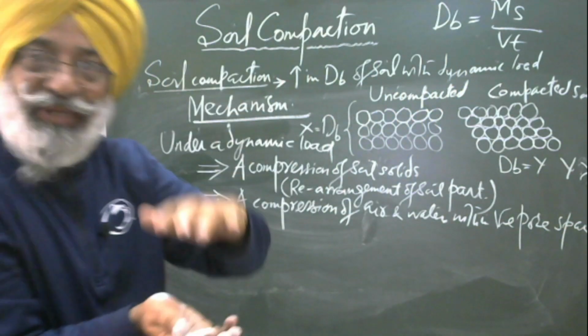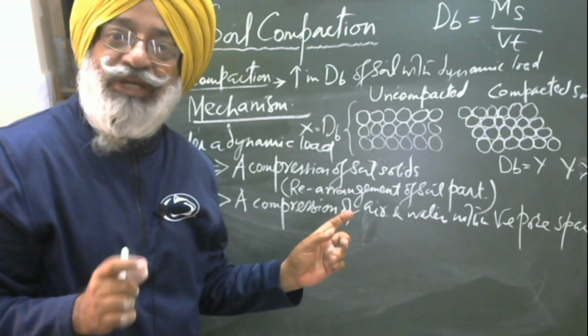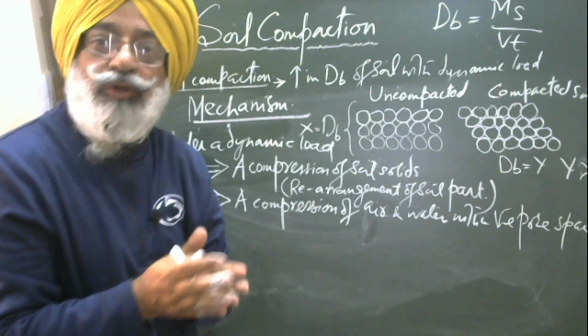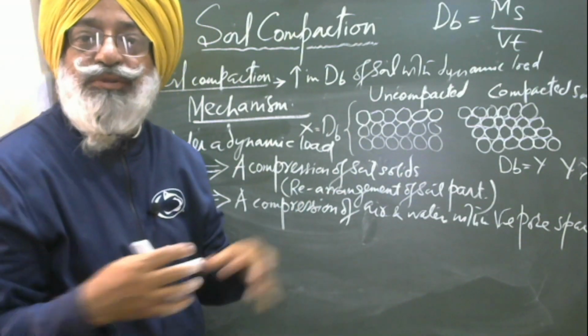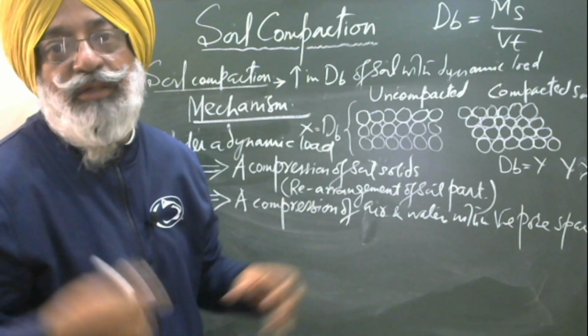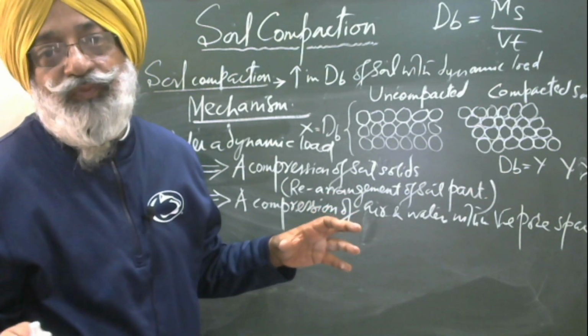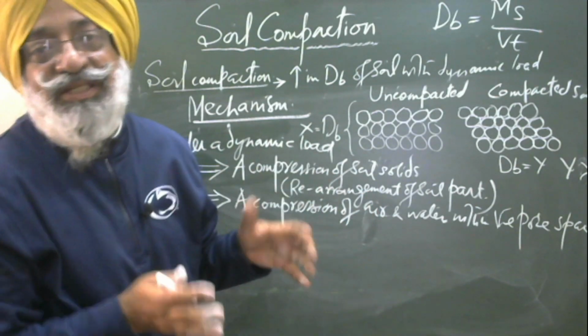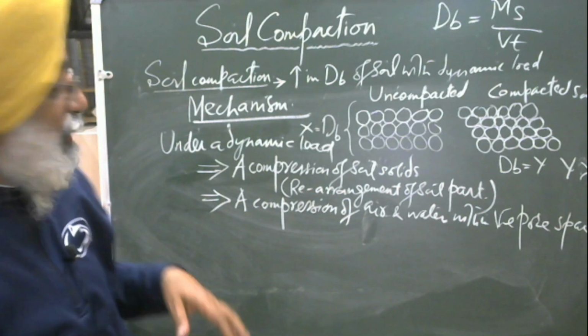Yes, air can be compressed, agreed. Water cannot be compressed. Then if you are applying pressure there, either the water may move out or a hydrostatic pressure could be created. So there could be some movement of the liquid from the pores, and the compressed air may also move out of the pore space.